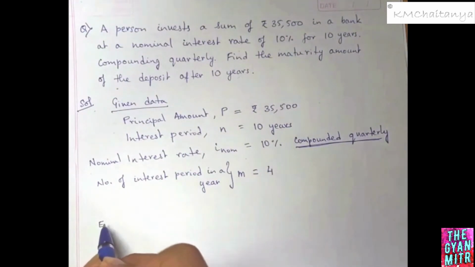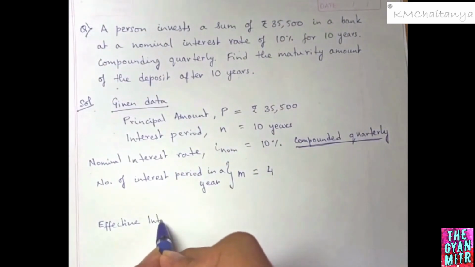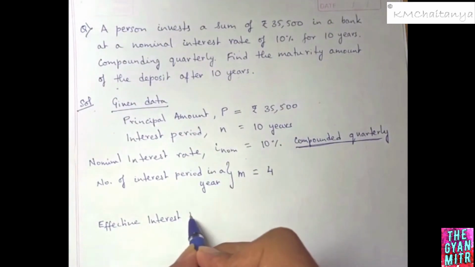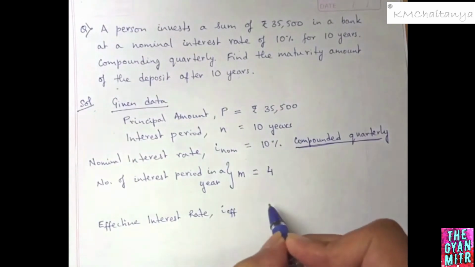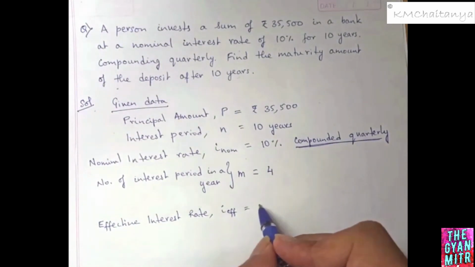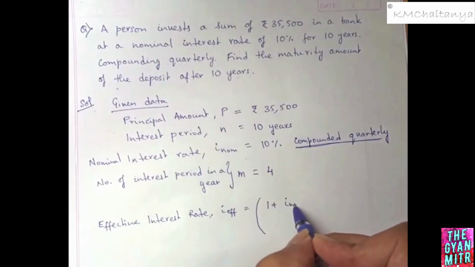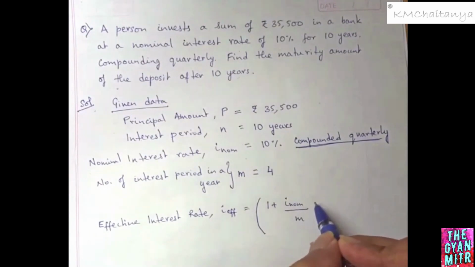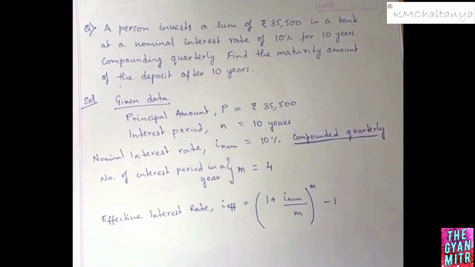Now the effective interest rate, which is I effective, is equal to, the equation we have is (1 plus I nominal divided by m) whole to the power of m, minus 1.